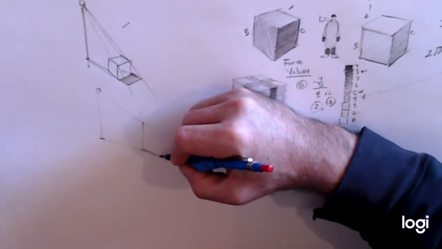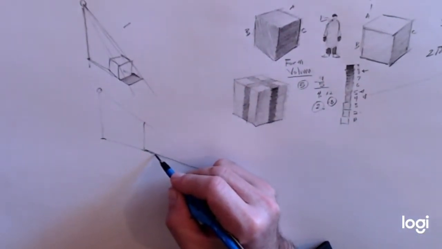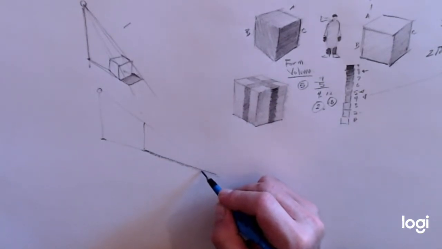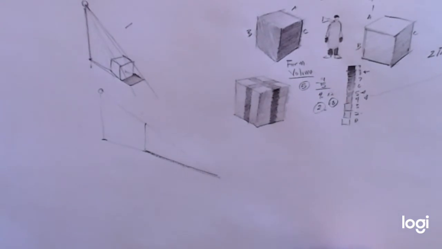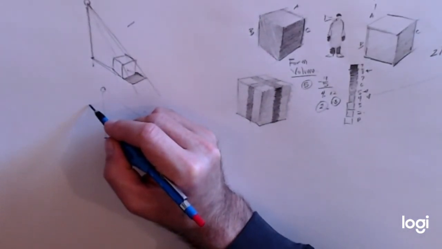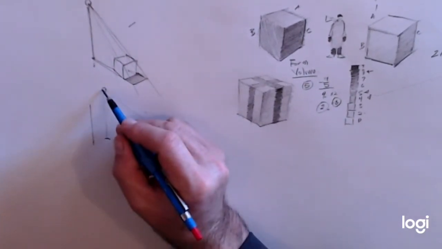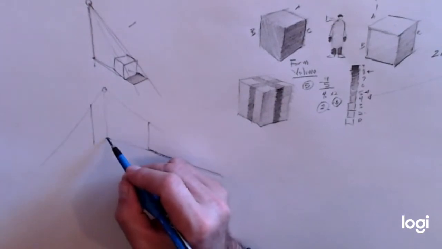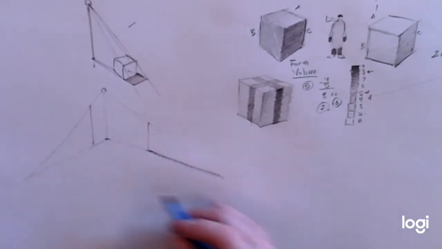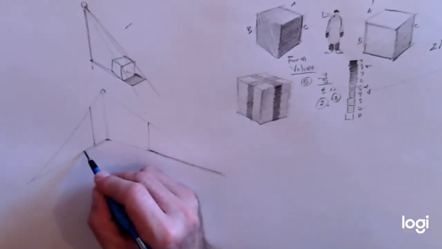So this pole is going to cast a shadow like this. If we have another pole, like right here, we could do the same thing. From the bottom of the pole to here, that's where the shadow will be. Okay, it'll go like this.